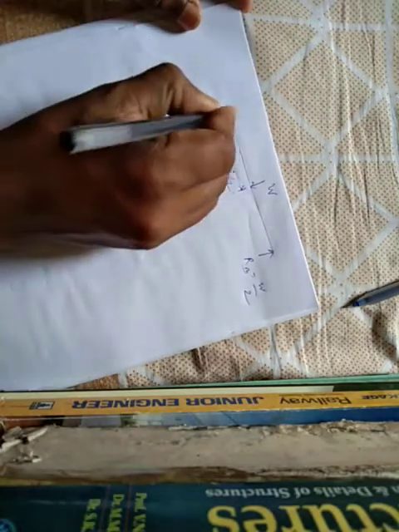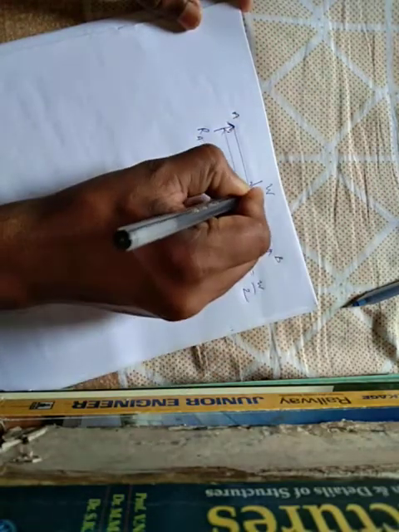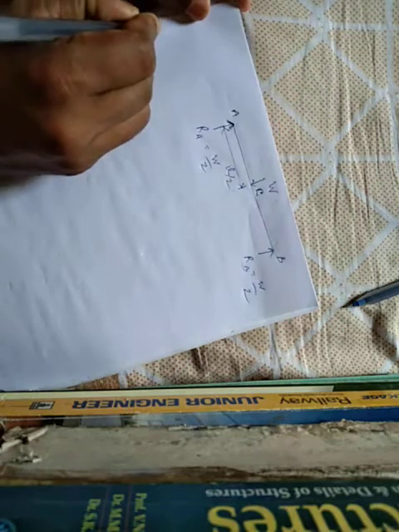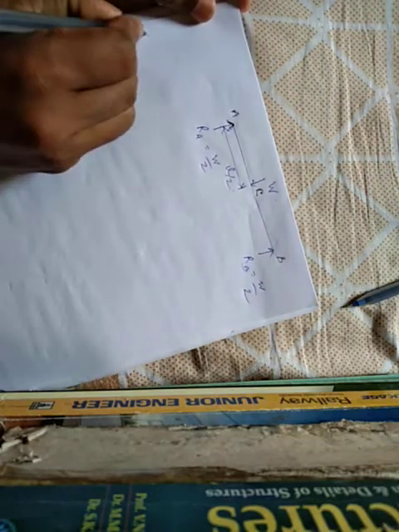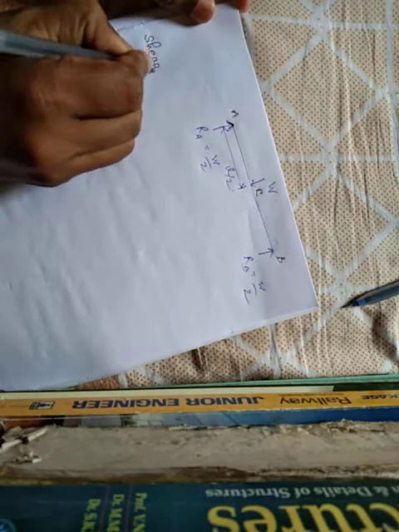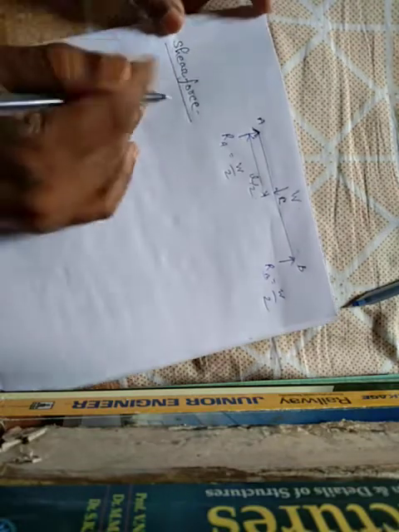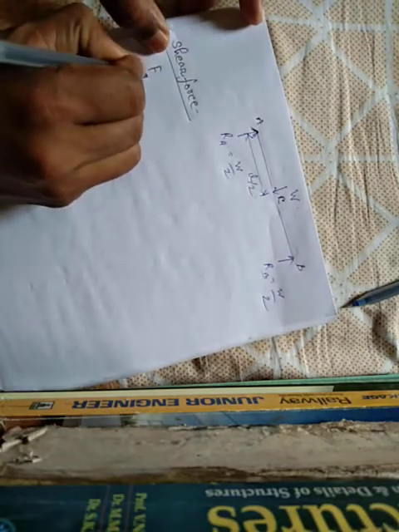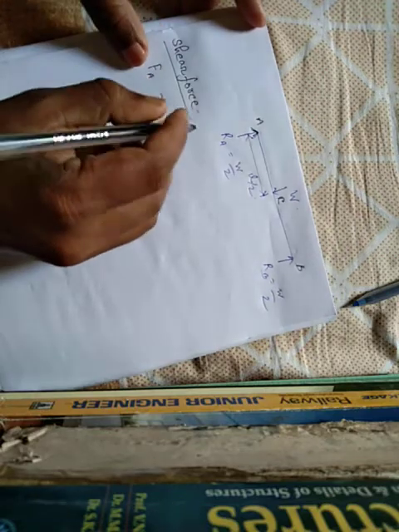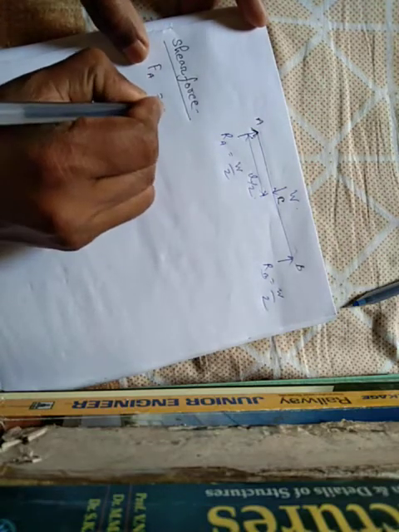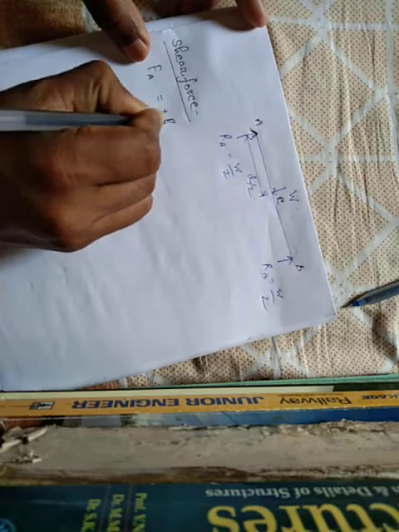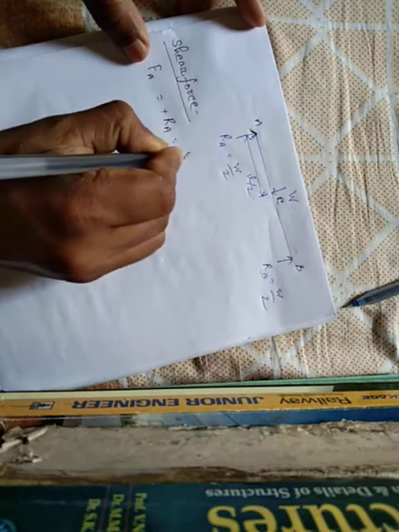So find out the shear force at point A. Shear force at point A is equal to positive reaction at A, RA, which is equal to W by 2.